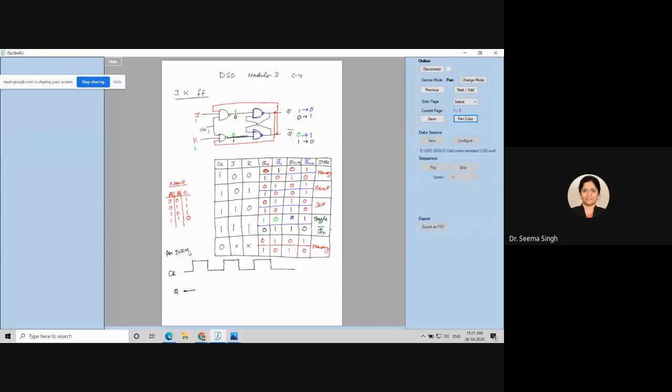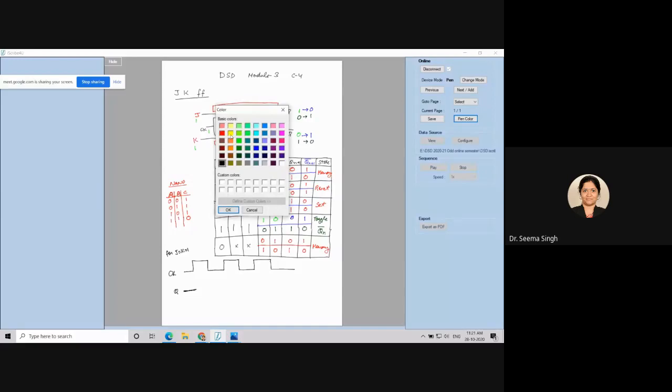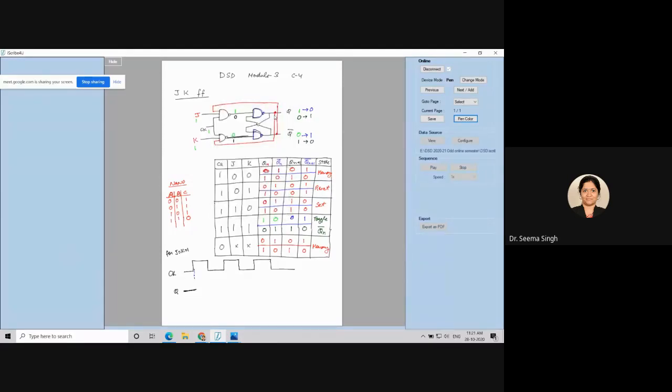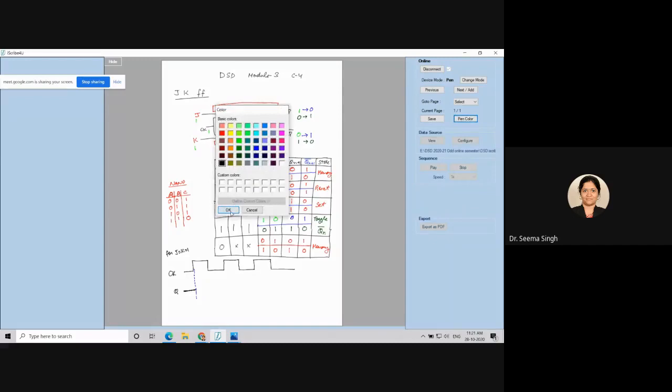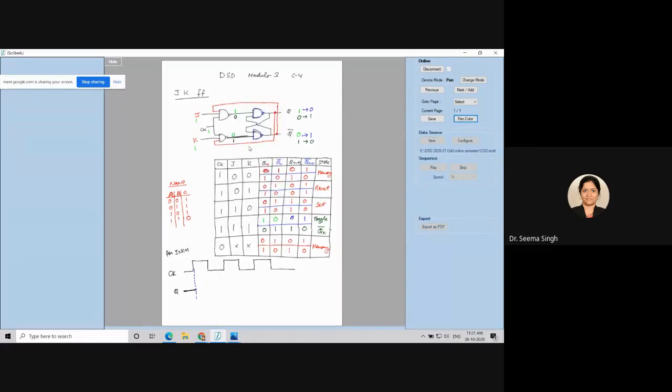So when J and K is 1 and clock is 1, it will start its toggling. As soon as your clock became high, your toggling started. So from 0, Q became 1, right?